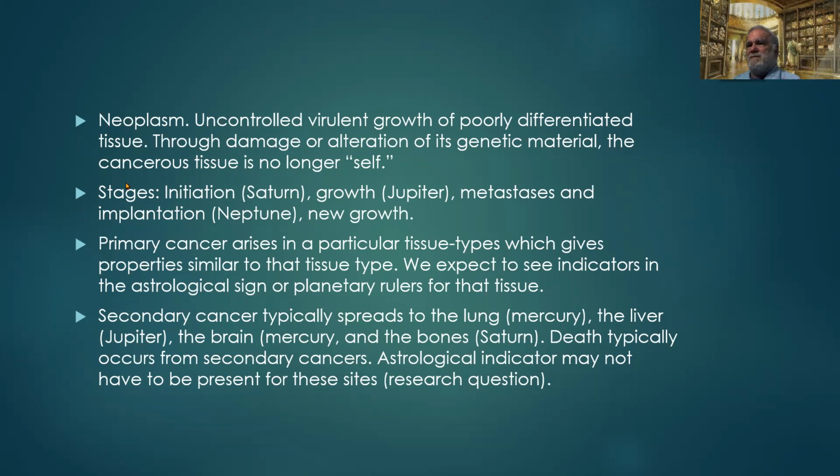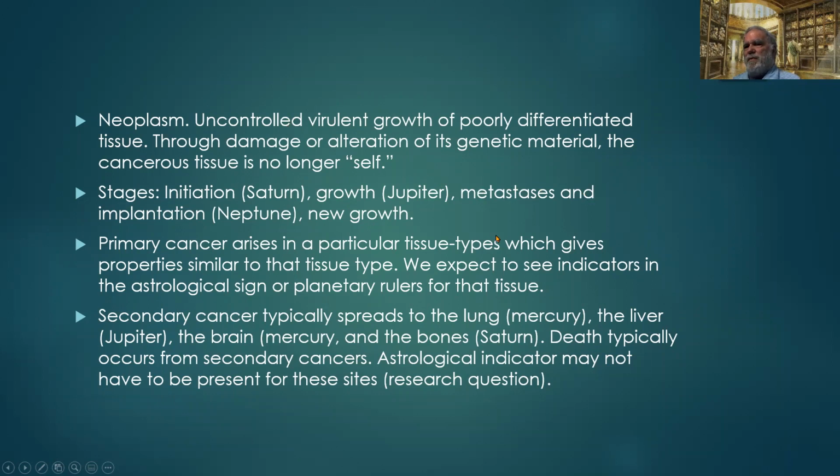And so as a result, the astrology of it is going to be complicated. I haven't sorted it all out yet, but you have to figure the primary tissue type that the cancer arises from should be indicated in the chart. And it appears to be in the charts that we have here.